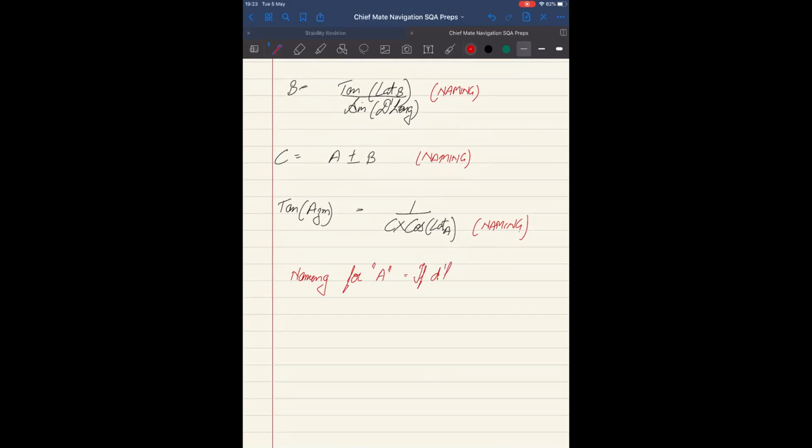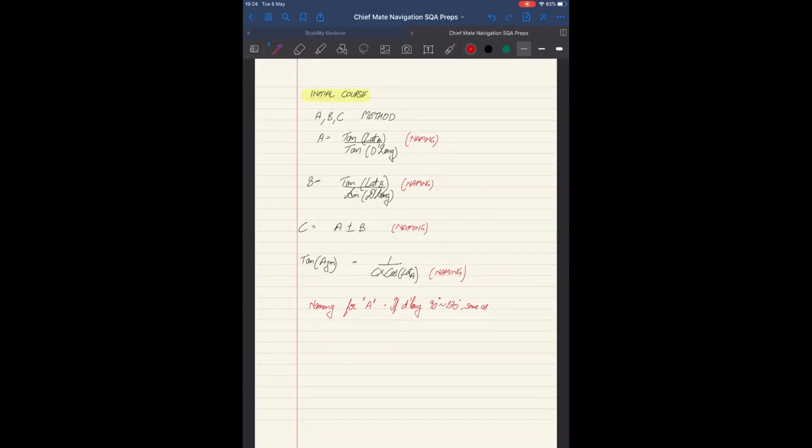If D long is between 90 and 270 degrees, then same as latitude A, else opposite of lat A. So if our D long is 110 degrees and the naming of latitude A was north, it will be north because it is between 90 and 270.